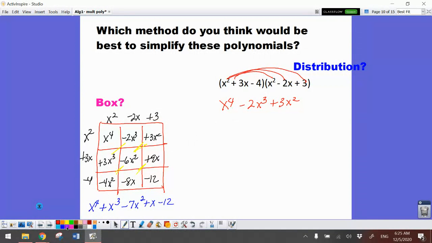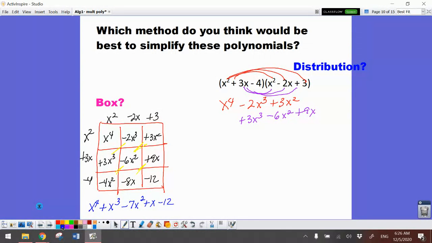Otherwise, my expression would be covering my whole page, and I don't want to deal with that. So now I'm going to go here. Plus 3x cubed minus a 6x squared plus a 9x. That's my double distribution, but I have not dealt with my third one.